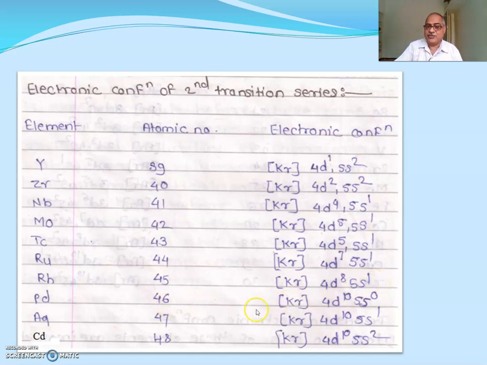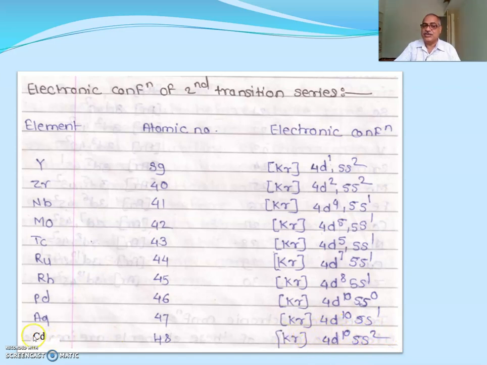Then palladium, 46, is 4d10 5s0. And then silver, argentum, 47, is krypton 4d10 5s1. And cadmium, 48, is krypton 4d10 5s2. This is a completely filled valence shell.